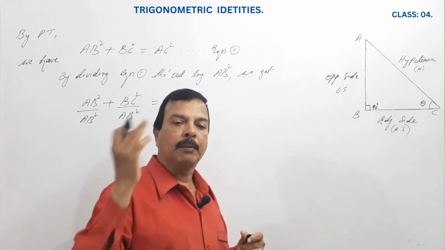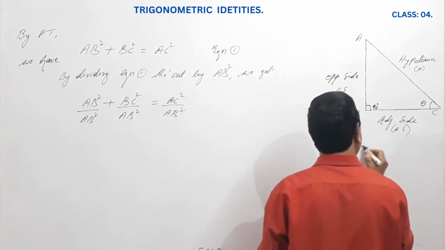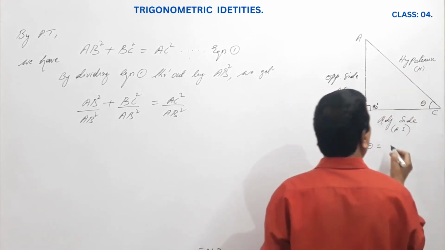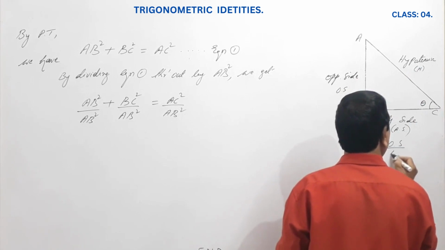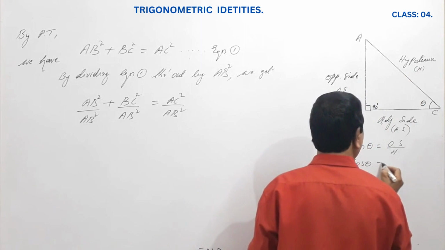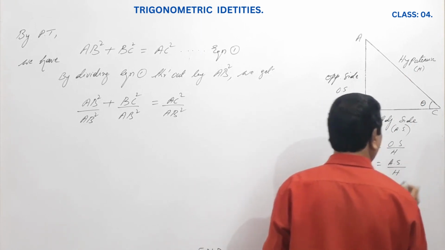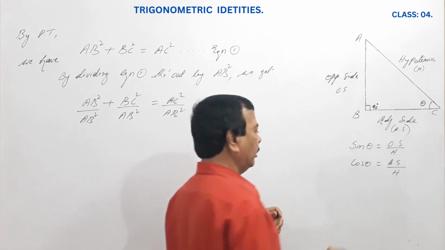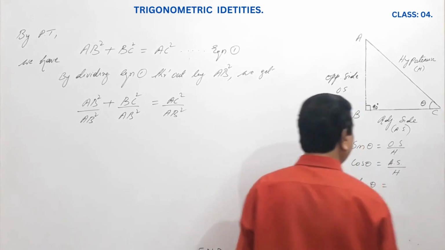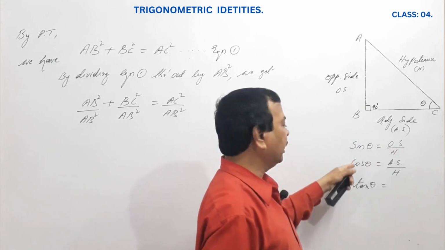Please recall my previous class wherein I had said what is sin theta. Sin theta is opposite side by hypotenuse. Then cos theta is adjacent side by hypotenuse, right? Tan theta is sin theta by cos theta.